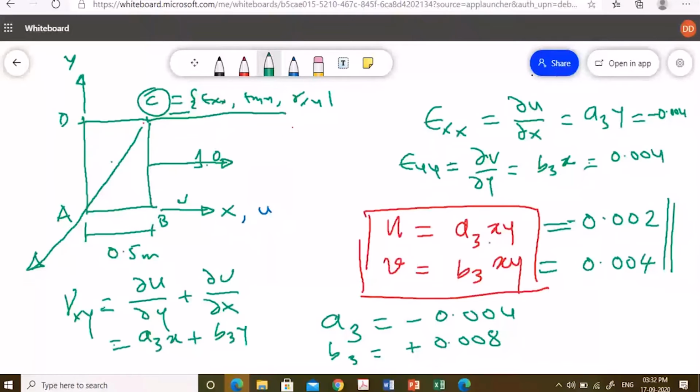That's cos square theta epsilon xx plus sin square theta epsilon yy, then I think sin cos theta gamma xy, and the angle is known to you. Clockwise, this much. Okay, this is the angle. So this is 90 degrees plus whatever theta here. It's very easy to find the theta because this is 1 and this is 0.5. So you can find the theta.